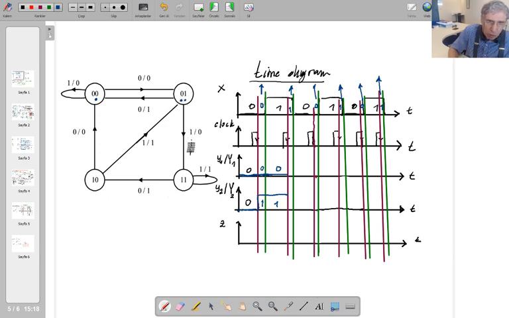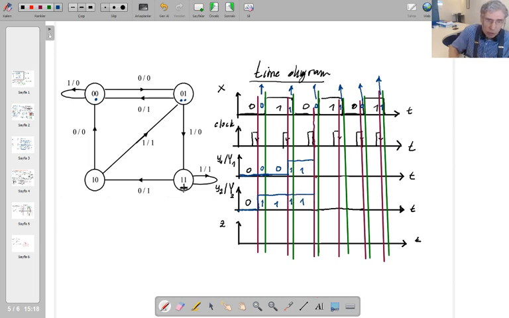So my next state is going to be 1, 1. So I'm going to draw this 1, 1. So y1 is going to be 1, and y2 is also going to be 1. So that's going to be 1, 1 in this time interval. In this critical time interval, it is 1 again.